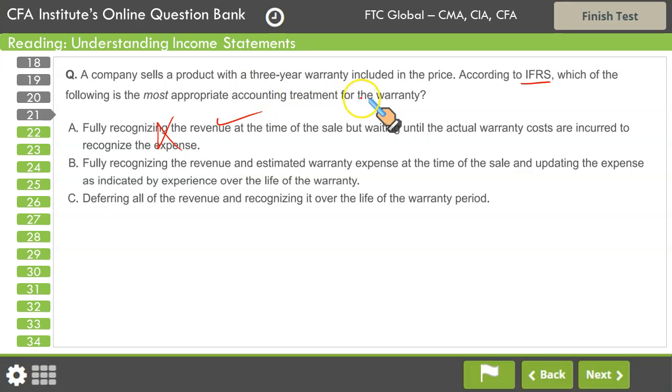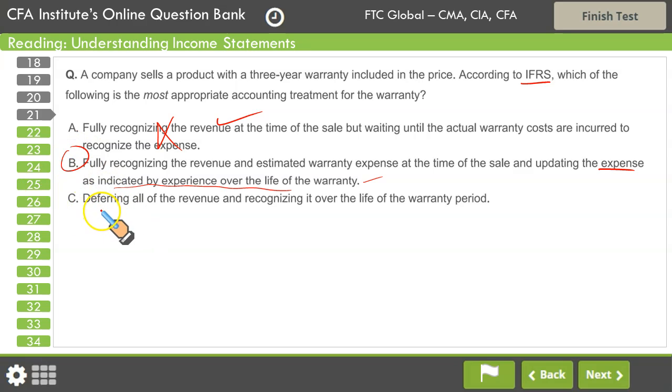In order to make the matching concept work, you have to recognize the entire estimated warranty expense in the same year in which you recognize the revenue. So what is the appropriate treatment of warranty? Fully recognizing the revenue right now and the estimated warranty expense right now at the time of the sale, and updating the expense later as warranty costs such as cash, refunds, repairs, or labor are incurred in case of warranty claims. That makes perfect sense.